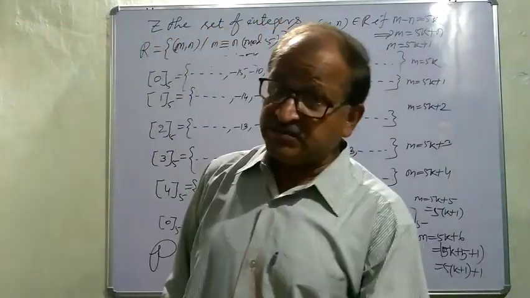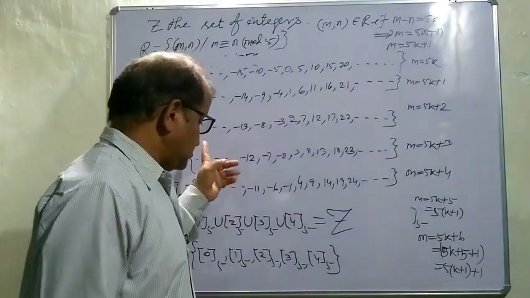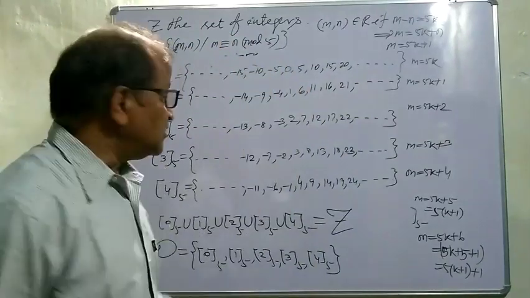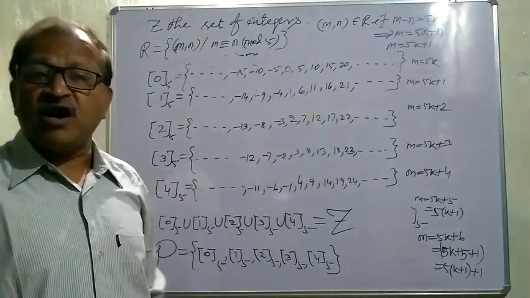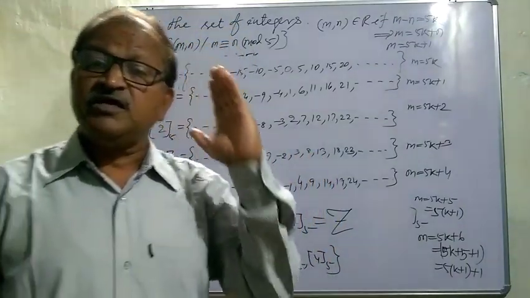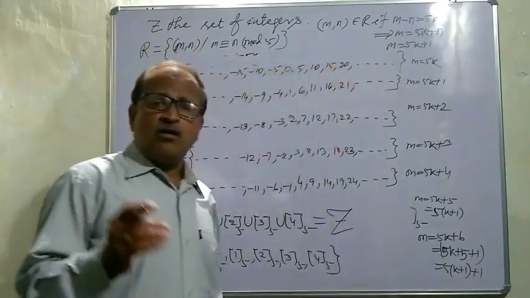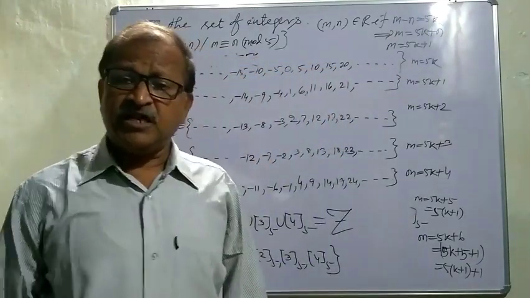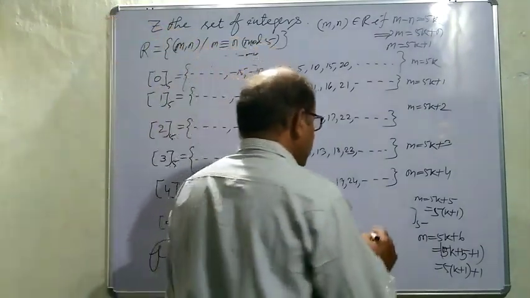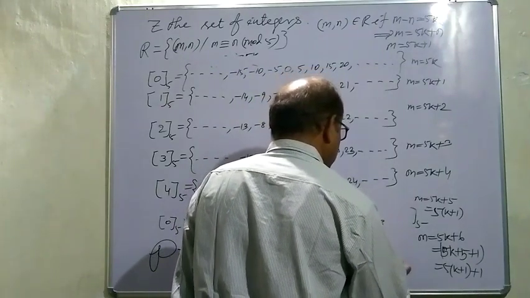P satisfies all the conditions of a partition of Z. So this is a partition of the set of integers. Thus, congruence modulo 5 forms a partition of the set of integers. Similarly, if you take congruence modulo 3, then you will get 3 distinct equivalence classes. Which are they? Equivalence class of 0, equivalence class of 1, equivalence class of 2.